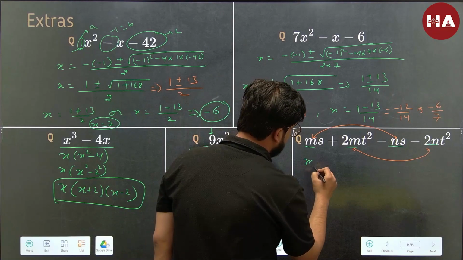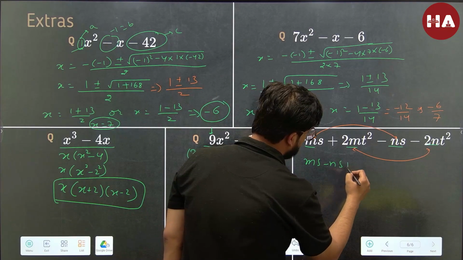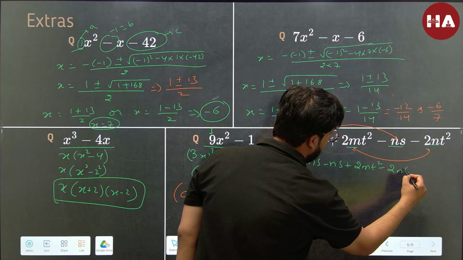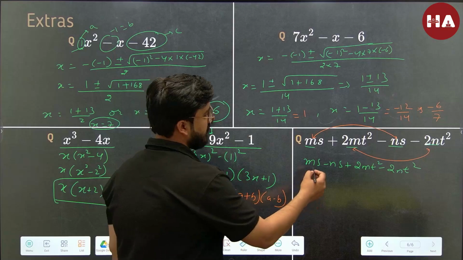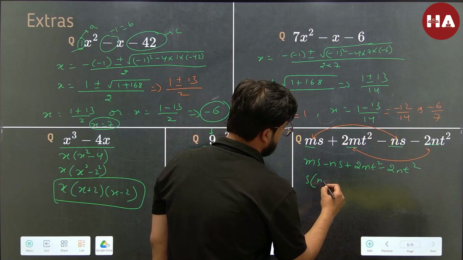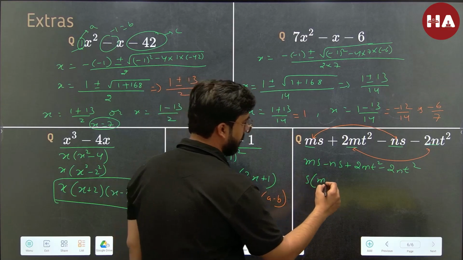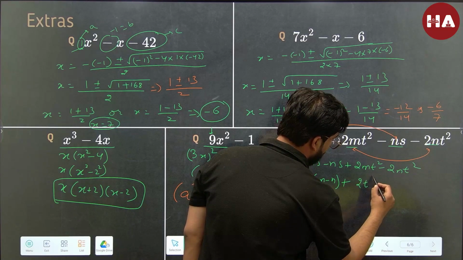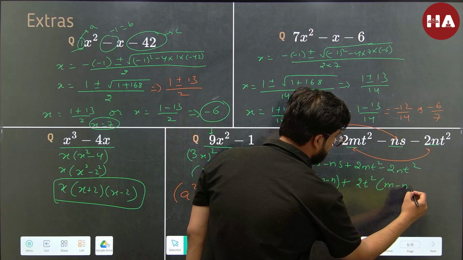So rearranging it: ms minus ns plus 2mt square minus 2nt square. Okay, so you have to take common. So s is taken as common. So this will be m minus n, plus 2t square is coming common. So this is m minus n.